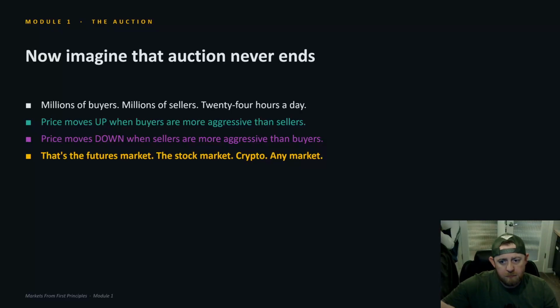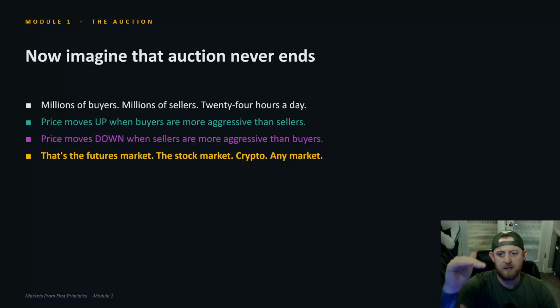Price moves down when the opposite happens. When sellers are going, click the sell button, click the sell button, click the sell button, and the buyers are saying, I don't need this chair. I want it, but I'm not going to pay more than X for it. So if price comes down to me, broker, go ahead and fill my order to buy that chair. So the sellers are more aggressive than the buyers.